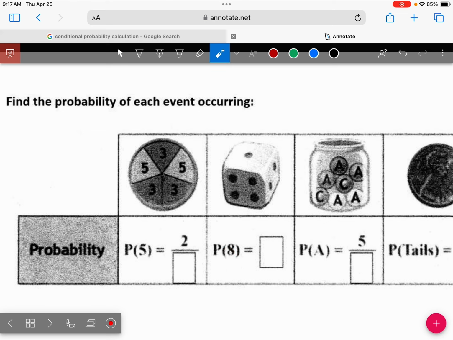The probability that you reach in this jar of marbles and pull out a letter A is 5 over what? The probability that you flip a penny and it lands on tails is what over 2? So I'm going to give you a couple minutes to try to guess those 4 numbers that we're looking for.